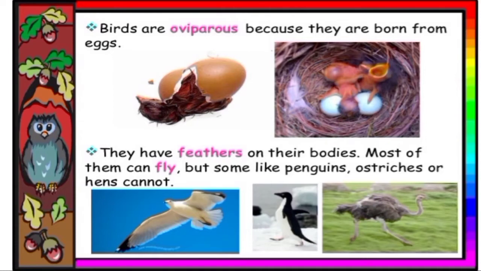Birds also lay eggs like reptiles, however they are warm-blooded like mammals. Birds fly by flapping their wings and using air pressure to create lift under their wings, just like an aeroplane.